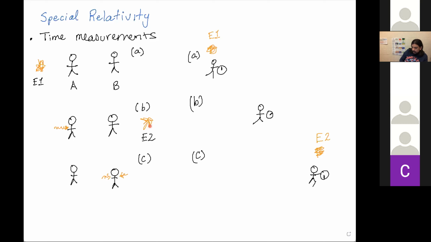But the difference is that now you have a person positioned exactly in space where event 1 was happening, and that's when they start taking their time. Then they move and are positioned exactly where event 2 is happening, and they have the time interval between this one and this one. So the observer, in this case you, is traveling from location 1, where event 1 happened, to location 2, where event 2 happens, and is recording on the same giant clock when this happened and when this happened, and can tell you how much time passed in between.